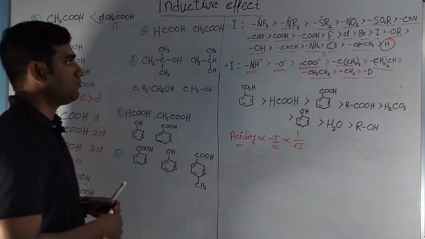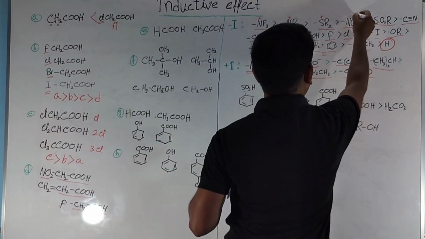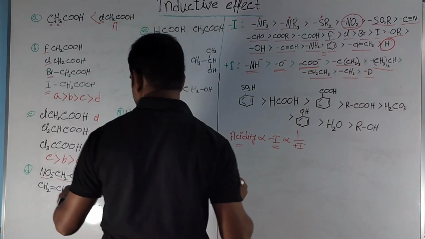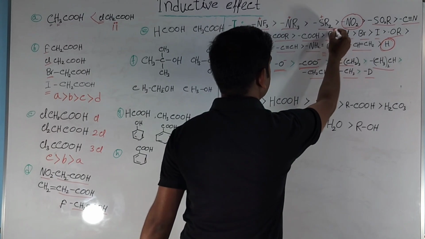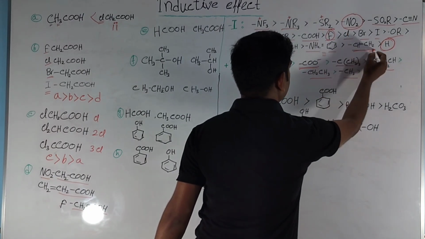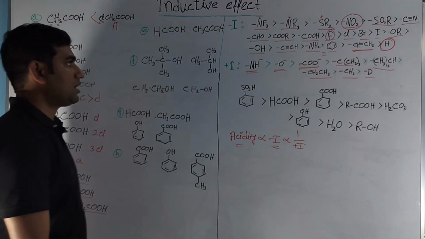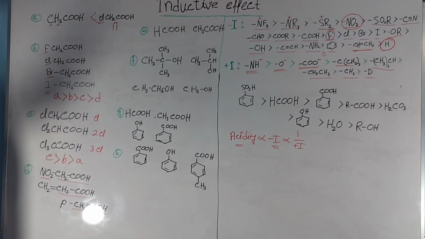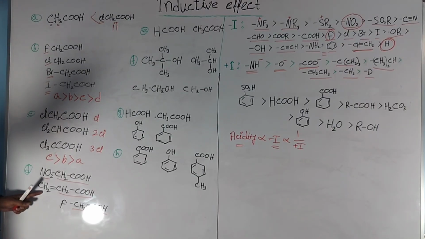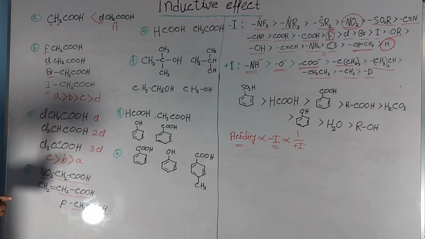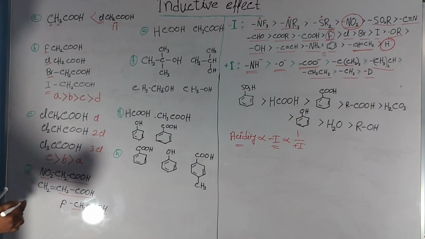You can remember nitro is the first one, then fluorine, then alkyl. So nitro is the more powerful minus I group, more powerful than fluorine. So nitro is the most powerful electron withdrawing group, and a more powerful minus I effect means more acidity.